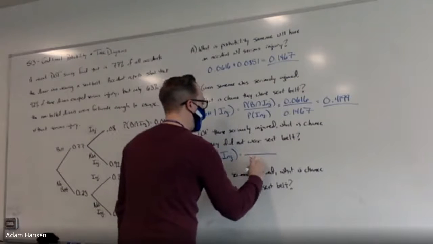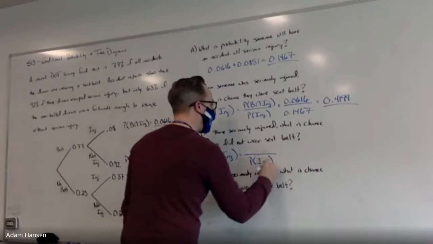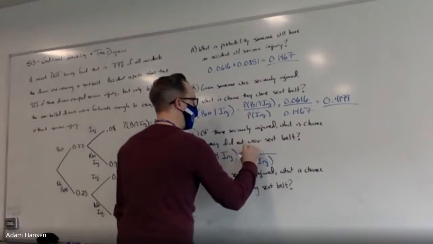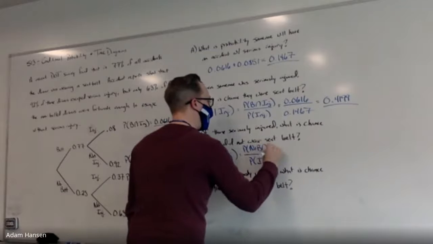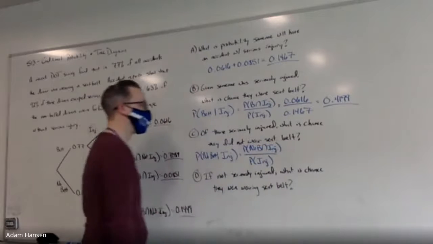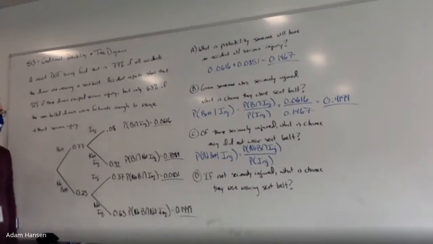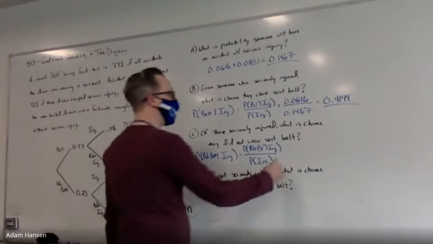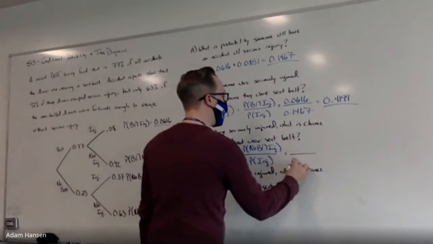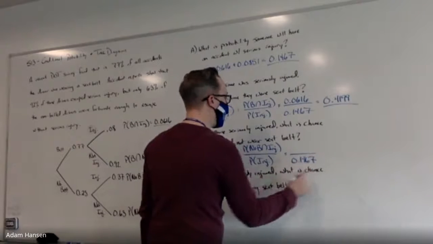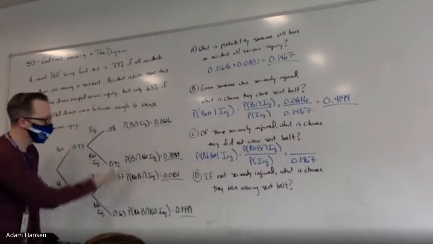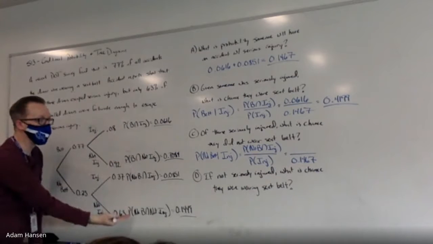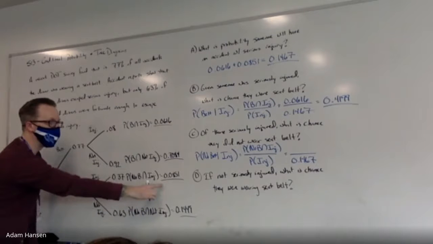We take the entire proportion of those that were injured, and of that proportion, what part was not wearing the belt? Of the same 0.1467 that was seriously injured from part A, which of these numbers was injured without the belt? 0.0851.